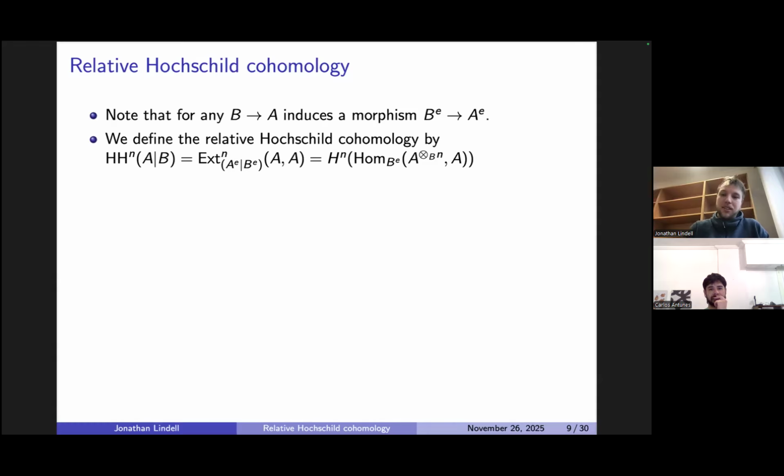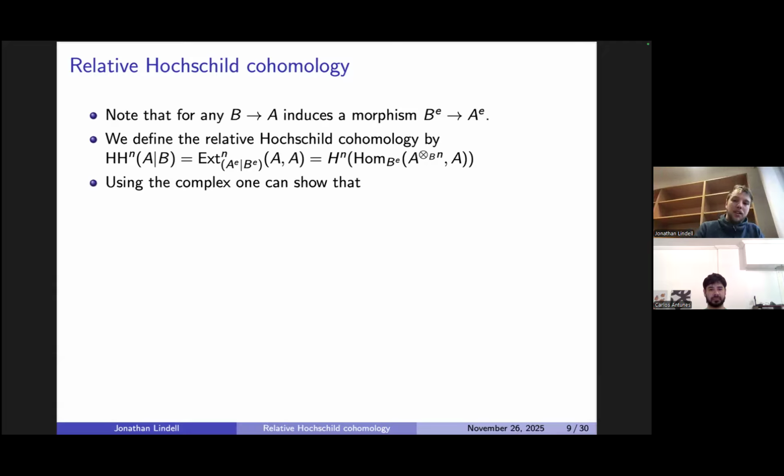As you see there, instead of having Homs over k of A tensor over k n times, we instead tensor over B. Then we get, and these are projectives, well, before we apply n+2, by the lemma that we had earlier. So now we have this definition like we had before, but what does it actually tell us in the low degrees?